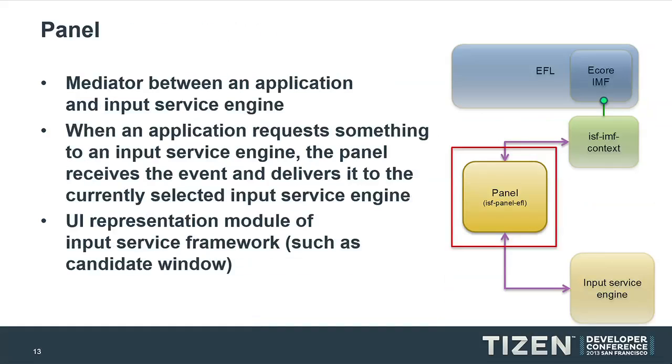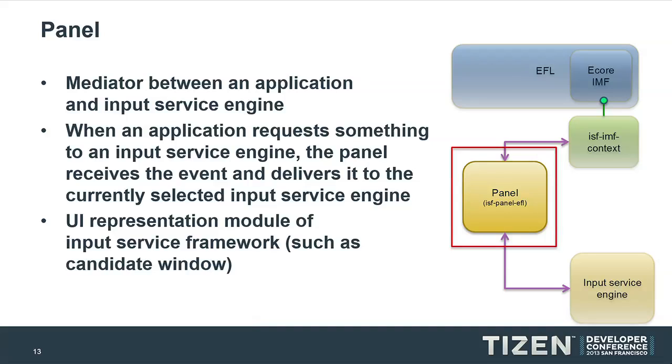Okay, the last one, we have a panel process. The panel process works as a mediator between an application and the input service engine. So whenever there is a request sent to the input service engine process, the panel process receives it first and then delivers it to the input service engine process. And it works as a UI representation module of the input service framework, such as the candidate window.